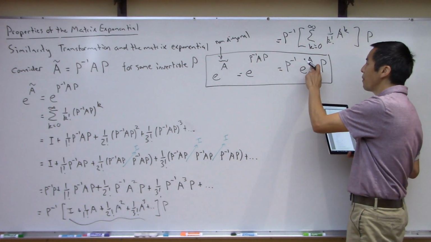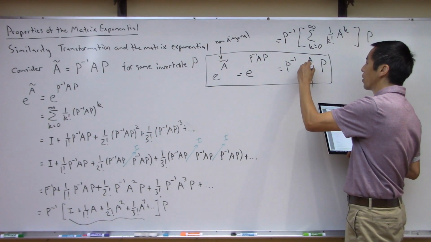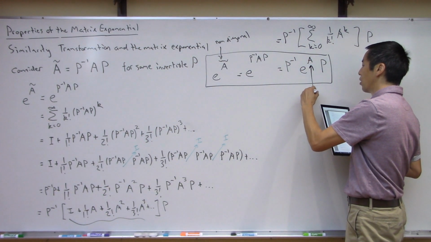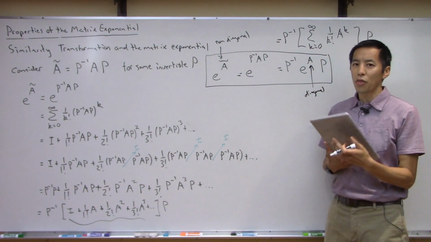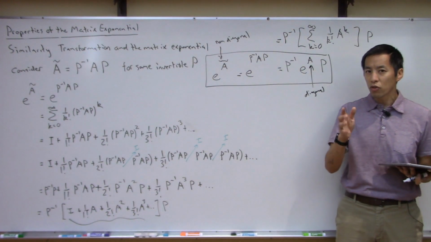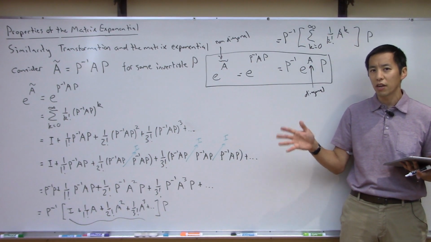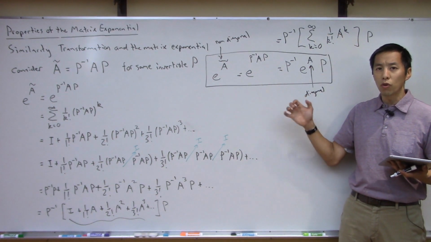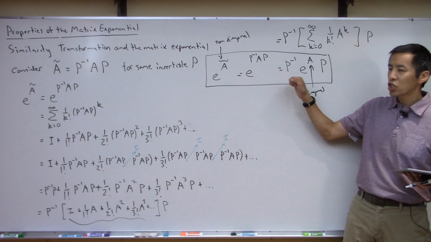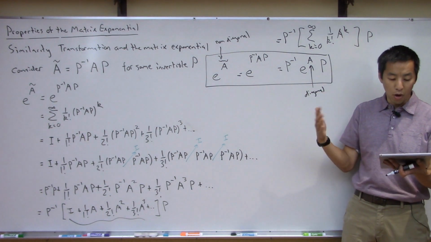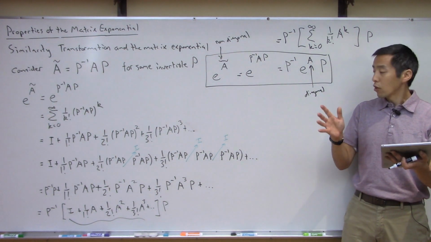But what if you could make it so this A here was diagonal? Right? And again, I think you're starting to see the bits of this. In fact, we will talk about this in detail in our separate video where we talk about how to calculate the matrix exponential using what's known as the modal technique, which actually makes explicit use of this property, right? Okay, so I think that's enough.